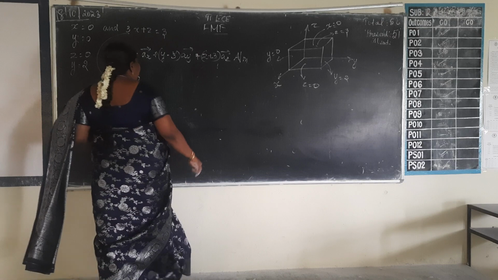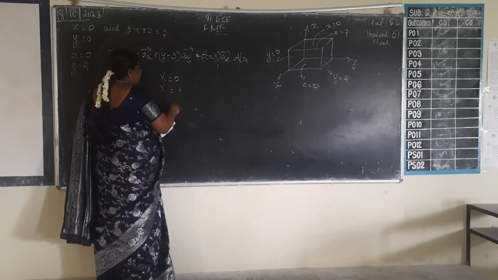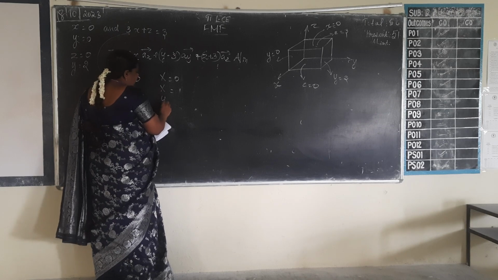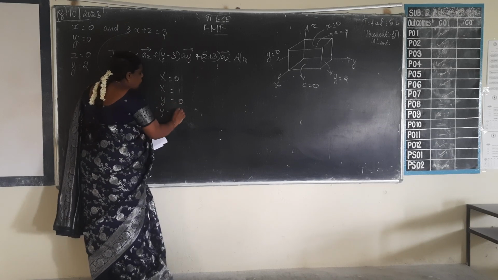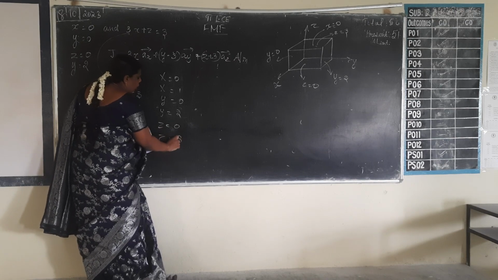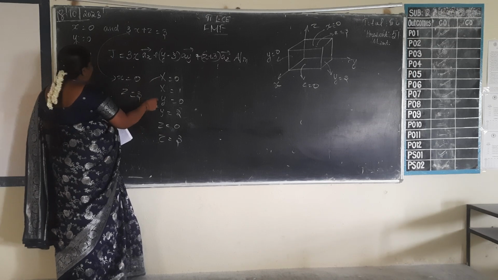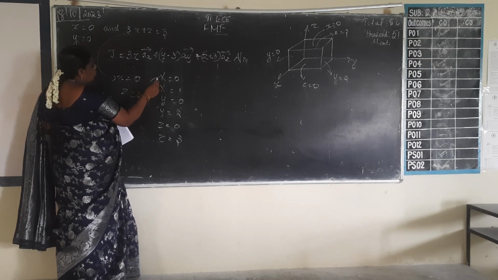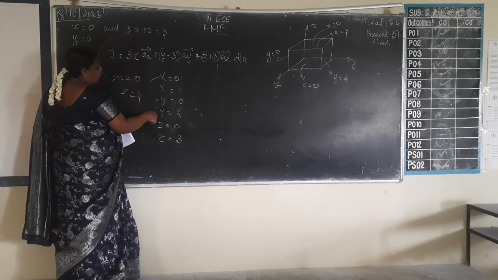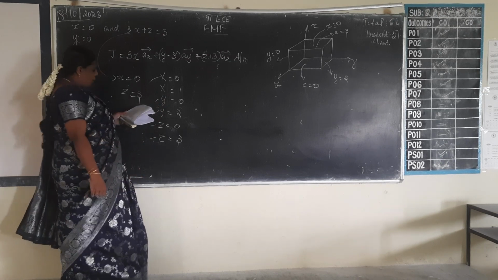Now, we are going to find out the surface areas. x is equal to 0, x is equal to 1, y is equal to 0, y is equal to 2, z is equal to 0, and z is equal to 3. These values are given. X is equal to 0 is given, y is equal to 0 is given, y is equal to 2 is given, z is equal to 3 is given, z is equal to 0 is given.